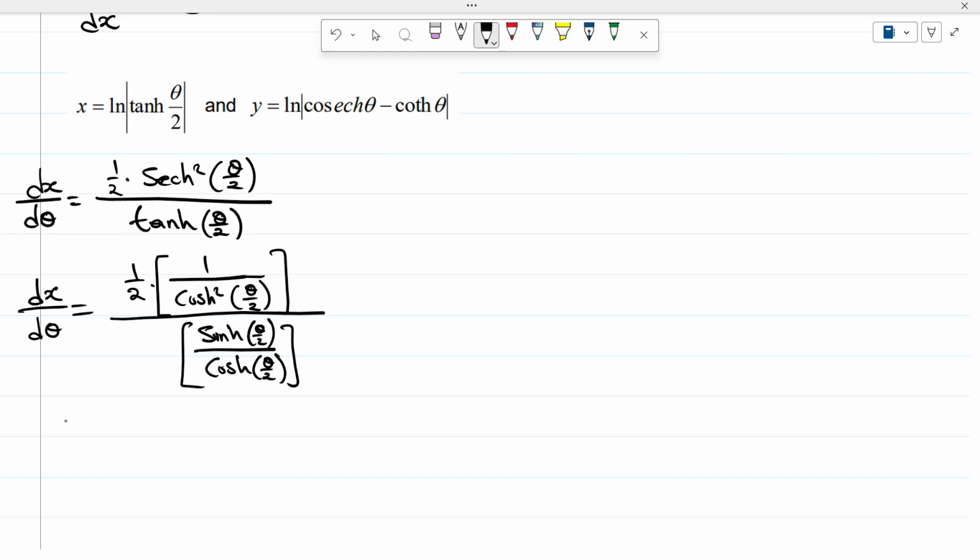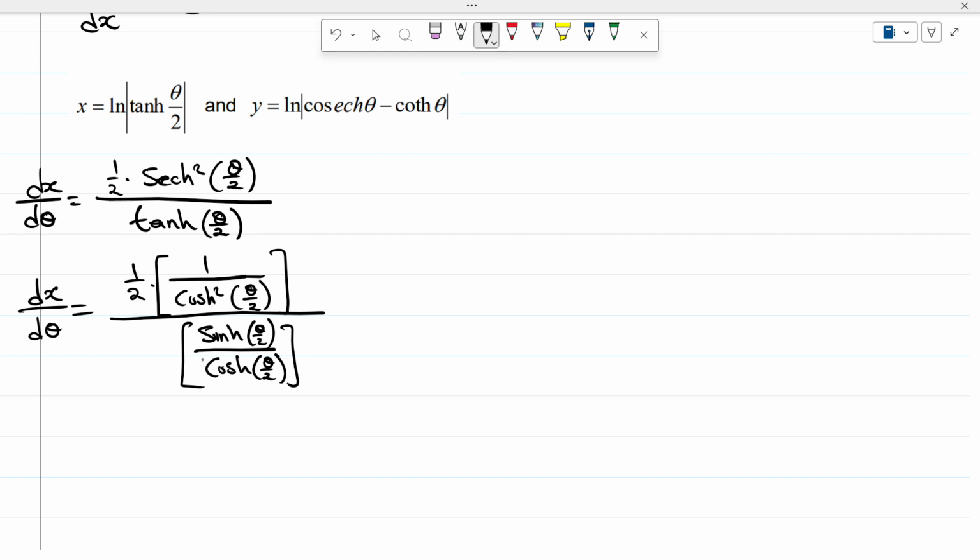And then we can see that if we change this division sign to become the multiplication sign, then we'll end up having this denominator of hyperbolic cos as being the numerator, and this denominator of hyperbolic sine being the denominator thereafter.